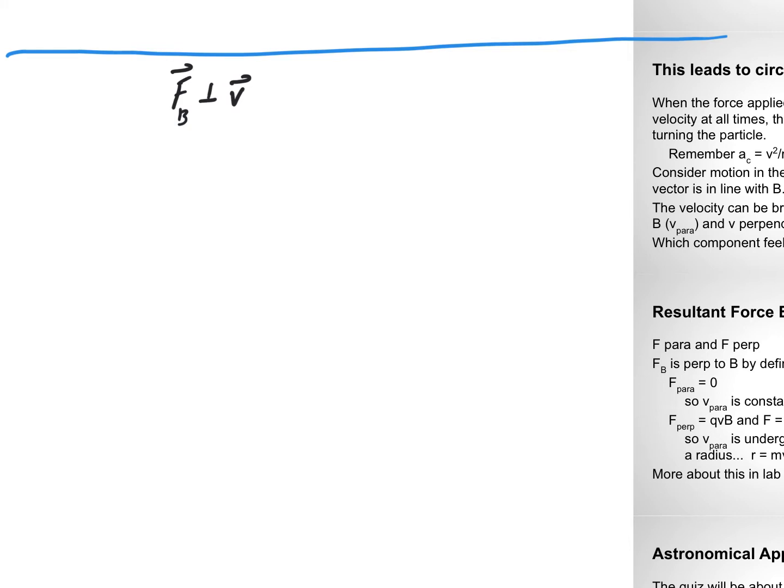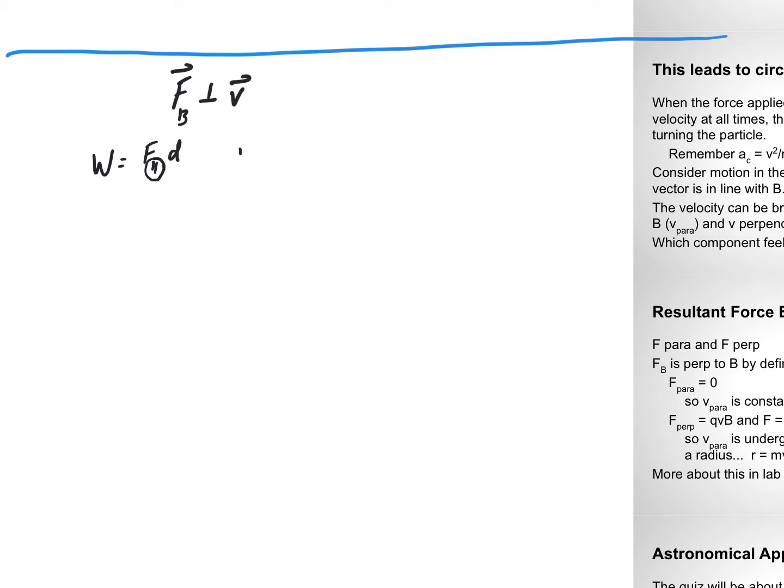Because when we think about something we learned from Physics 2A, hopefully, we should remember the work that a force can do. A force multiplied by the distance that the particle travels is the work done by a force. But there's a limitation. It's only the part of the force that is parallel to the motion.